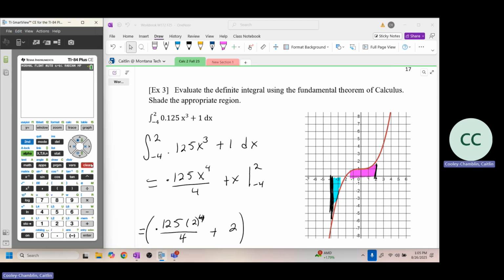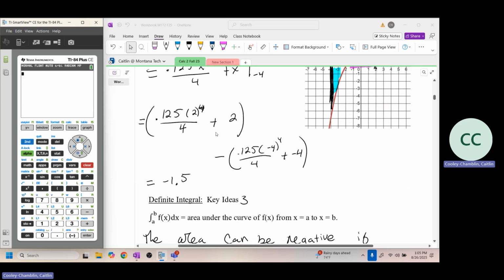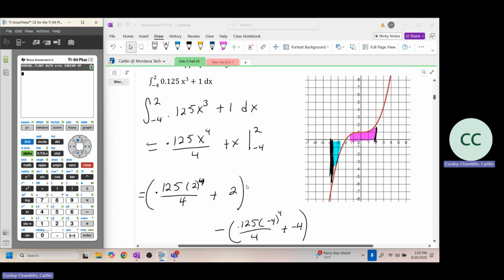I'm going to go a little bit slower. If we want to evaluate this, now, if I tell you on the test, evaluate using the fundamental theorem of calculus, you better write it out, all the way out. I want to see all the steps, all the gooey details. When you get to here, you can type it in your calculator.